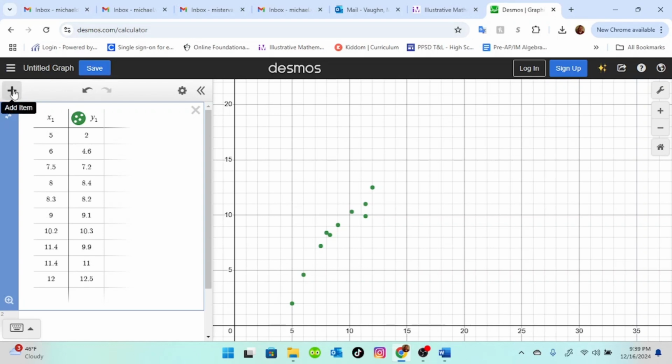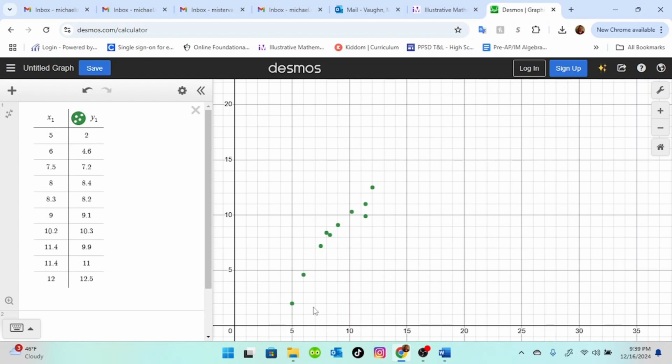You're going to click on this plus icon that says Add Item, and you're going to choose Table. And it's going to give you a blank table with an X1 column and a Y1 column. And to save time, I've gone ahead and filled in the values from the practice problem.